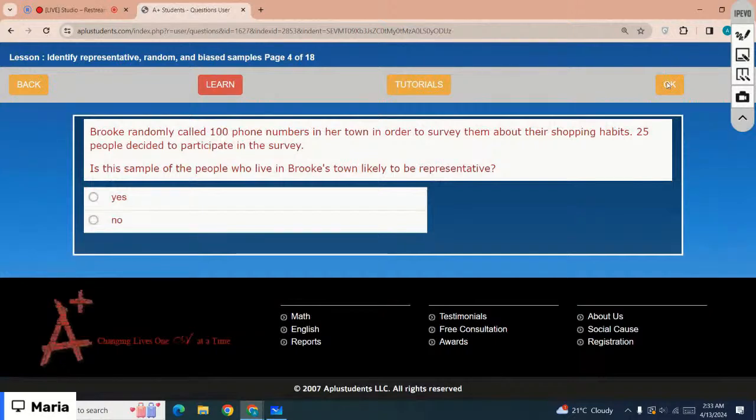Brooke randomly called 100 phone numbers in her town in order to survey them about their shopping habits. 25 people decided to participate in the survey. Is the sample of the people who live in Brooke's town likely to be representative? Which is the correct option?